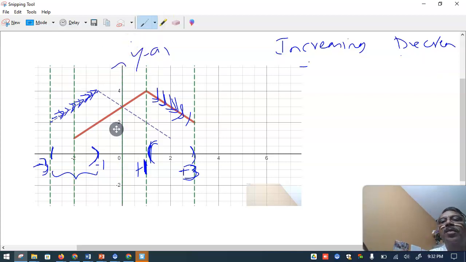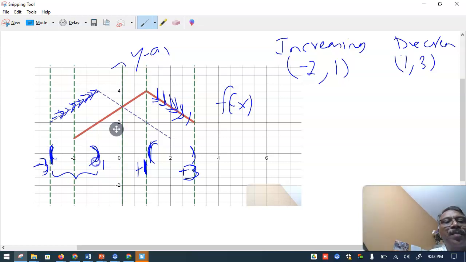So -2 to 1, it was increasing. That's the original interval, and decreasing from 1 to 3. What changes for f of -x is you clearly see now it becomes -3. So it is increasing here from -3. So this answer is -3 to -1. There you go. Here it is increasing.